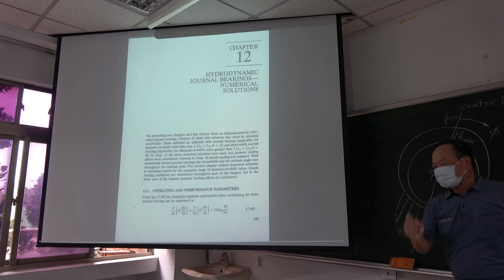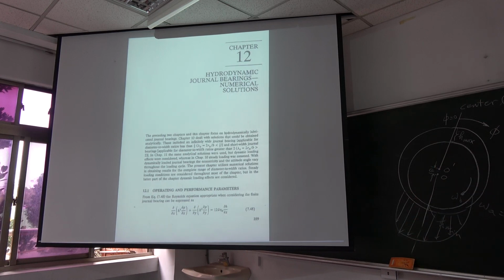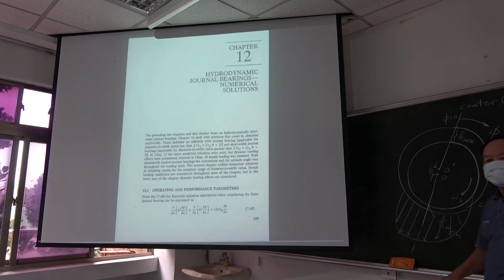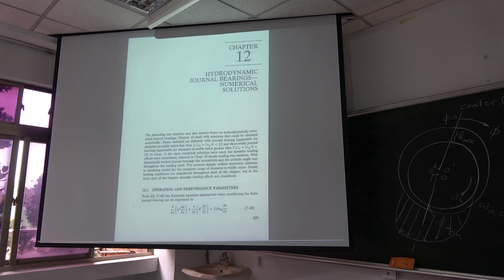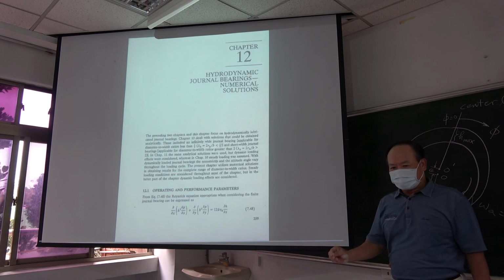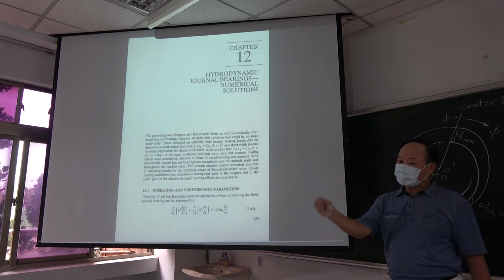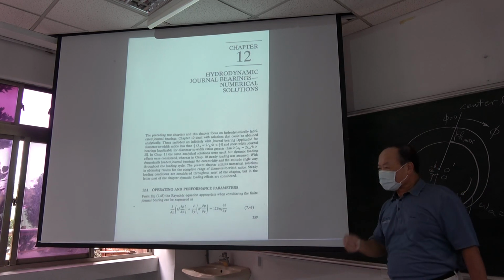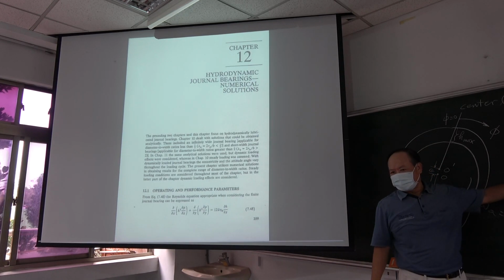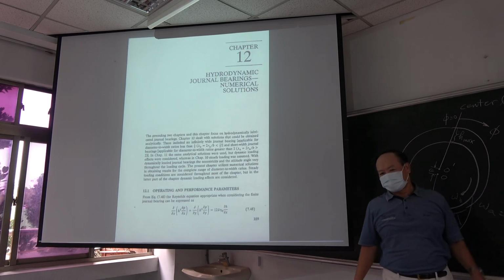If you design this C by your intuition, I say that your design may not be good. 这个细致的设定 you have to base on something. I will tell you the detail of how to determine the C. Okay, this C value is very important.